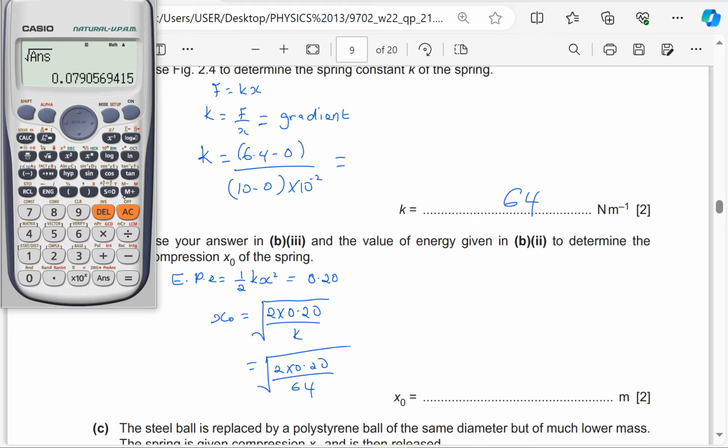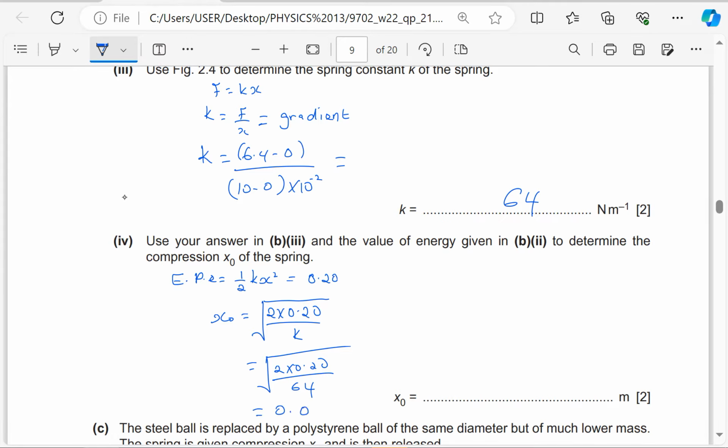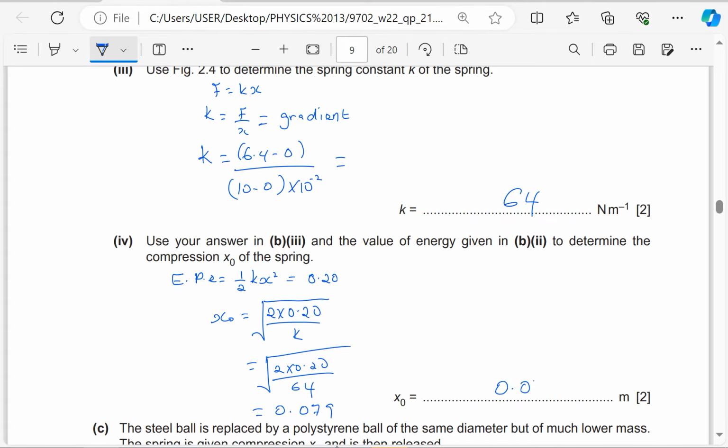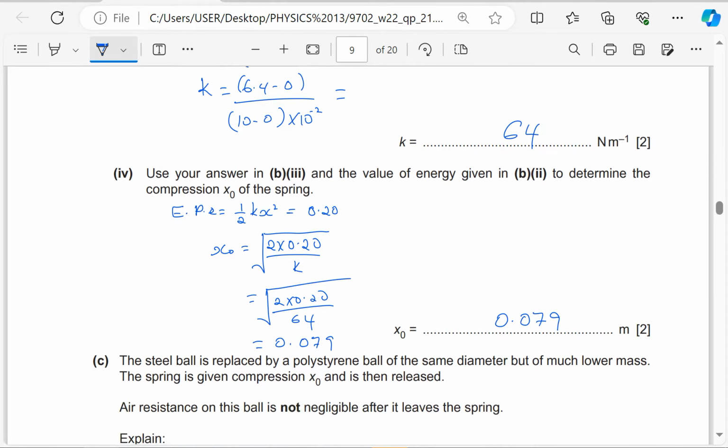The square root gives me 0.079. So x naught is going to be 0.079. Depending on how you round off, you may get 0.080.